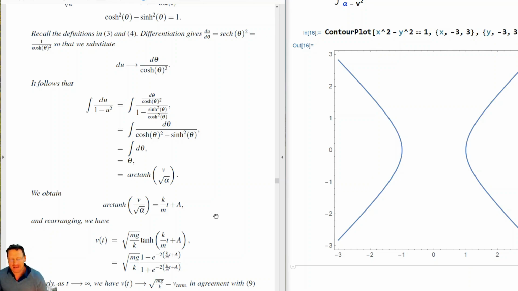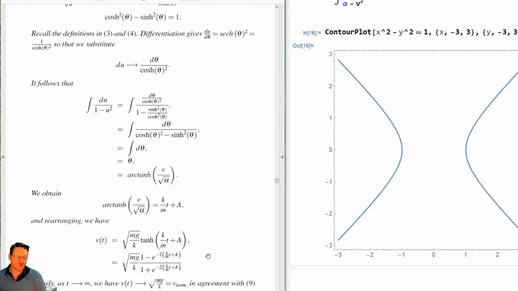Okay, now clearly as t goes to infinity, this part goes to, let's see, what does it go to? We've got a minus power there, so that goes to e to the 0. And we get v of t approaching the square root of mg over k, which is our terminal velocity in that case.